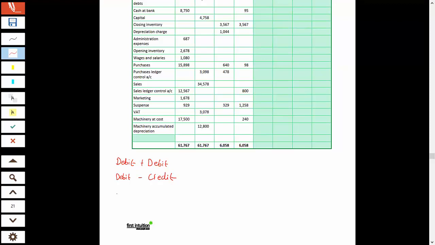If we have an initial balance that was a credit, any debit adjustments will be taken off. And then equal to that, if we had an initial credit again, we would add on any credit adjustments. So just to confirm, these are the initial balances. These are the adjustments.